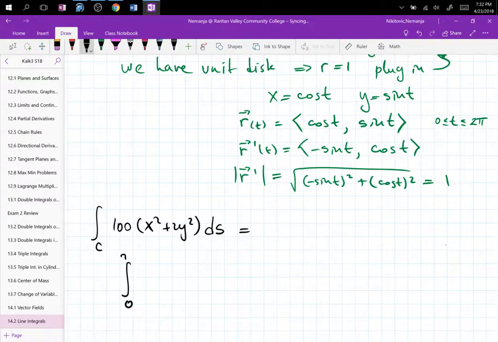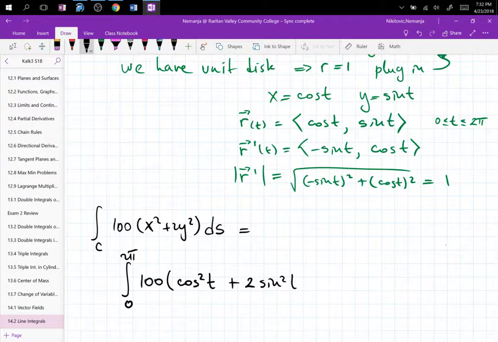Integral 0 to 2 pi, 100. Instead of x squared, I have to put cosine squared t, plus 2 times, instead of y squared, I have to put sine squared t. So this is my function.